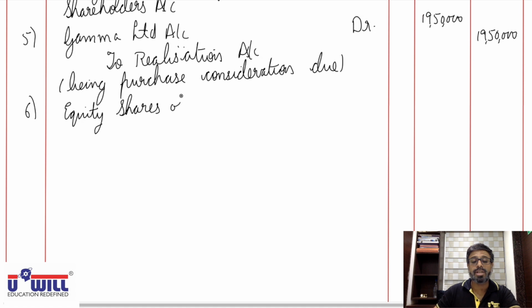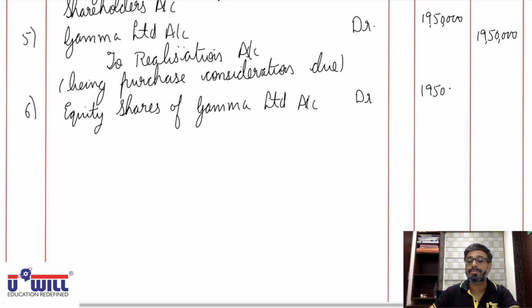So equity shares of Gamma Limited account debit 19,50,000, and Gamma is the giver, credit the giver, to Gamma Limited account 19,50,000.